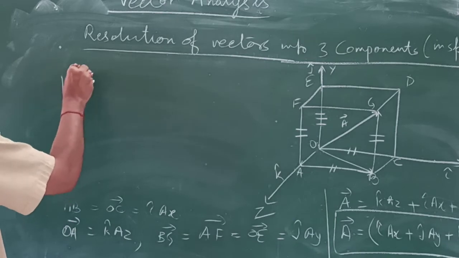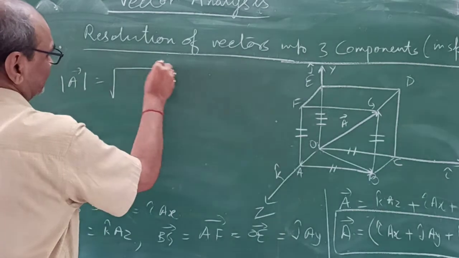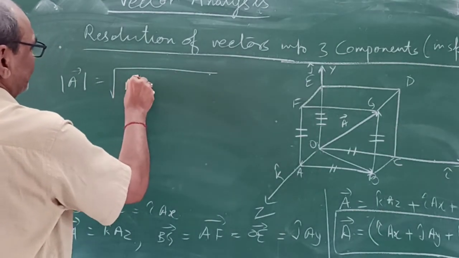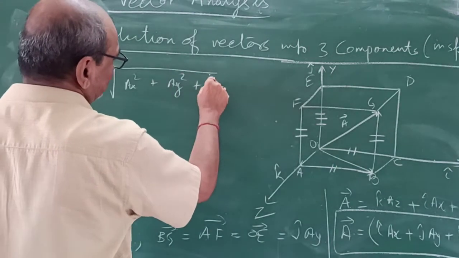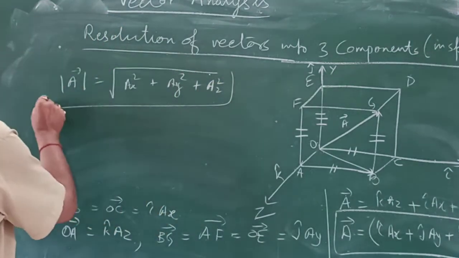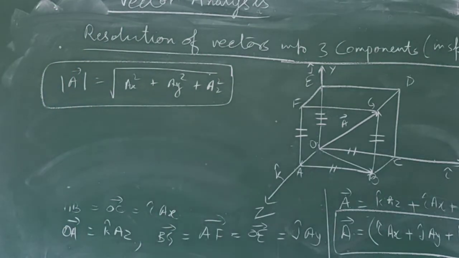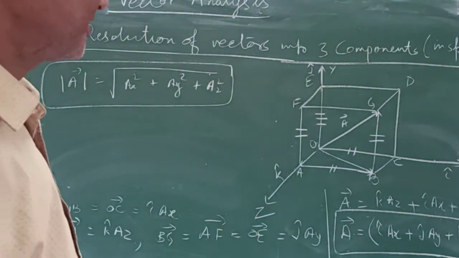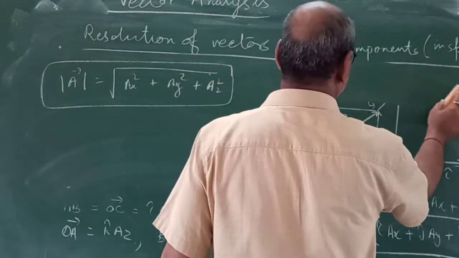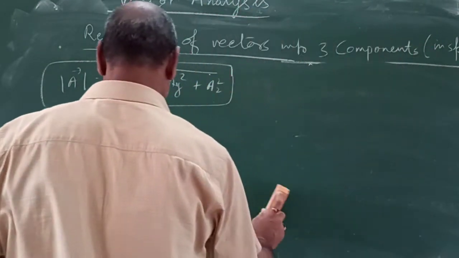Modulus of A, magnitude of A, whatever you want to say. If you write in terms of the position vector in space, then you can write in the same way.